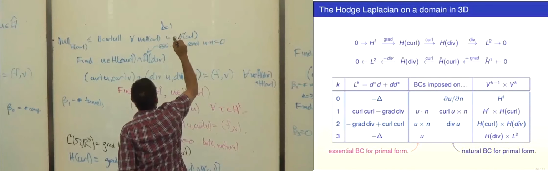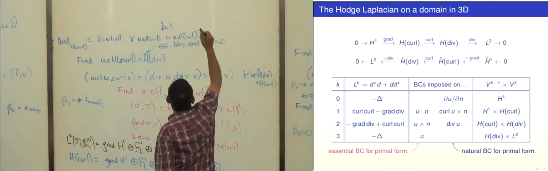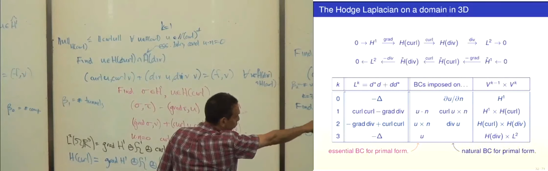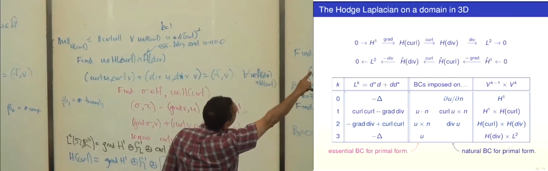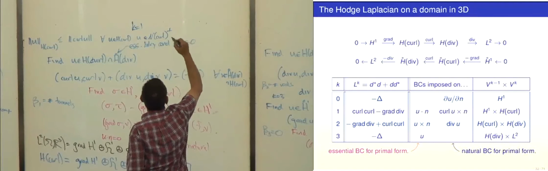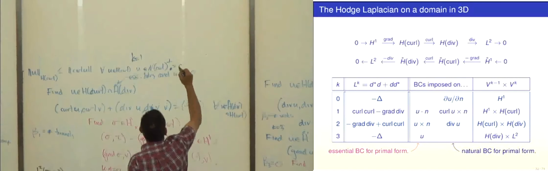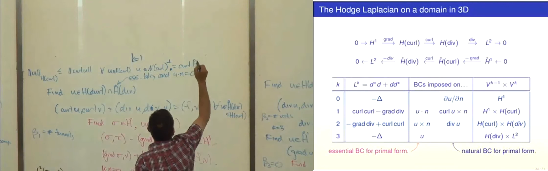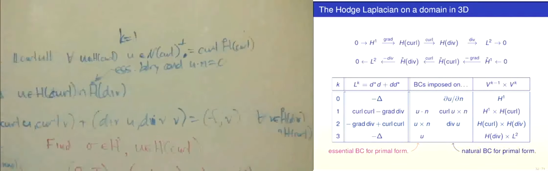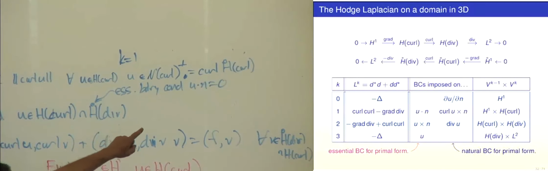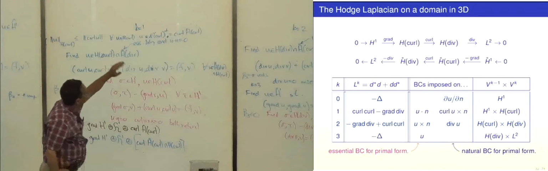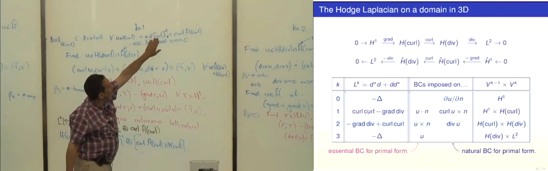So U is in the orthogonal complement of curl-free things, which is also to say that U is in the range of curl. Curl-free things are just the curl of H0 curl, the orthogonal complement of curl-free things. So if U is orthogonal to curls and it belongs to H curl, that's the same thing as it's orthogonal to the null space.